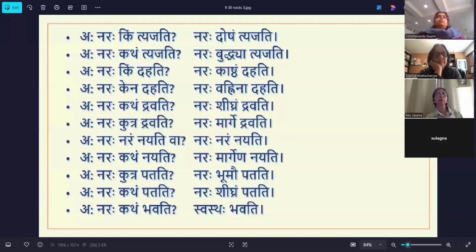Then here patati. Nara kutra patati means where does he fall? Bhumau patati. On the ground. So Bhumau is which case ending? The word is Bhumi, it is not Akaranta. You have to see the meaning. What is the meaning here?